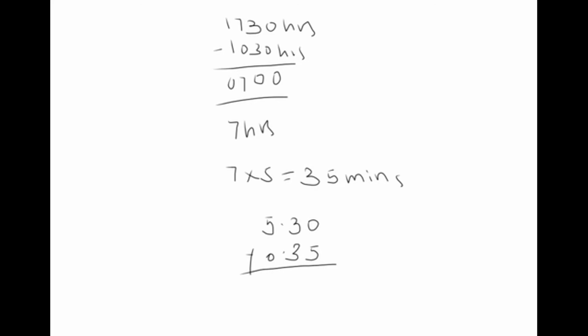When we add 30 and 35, it will give us 65. 65, we shall subtract 60 because 1 hour has 60 minutes. Therefore, here we write 5 minutes.